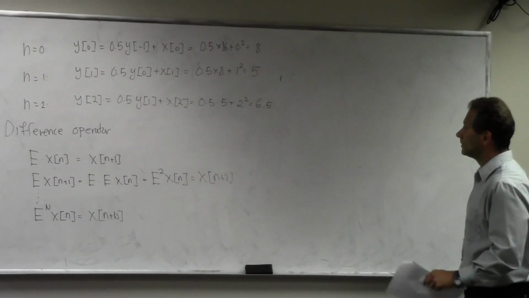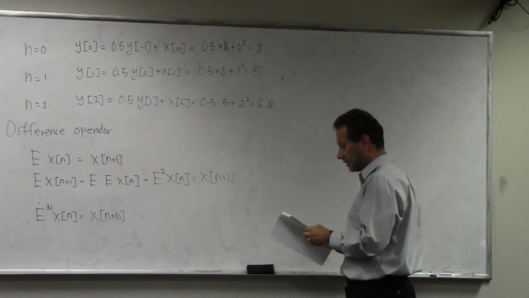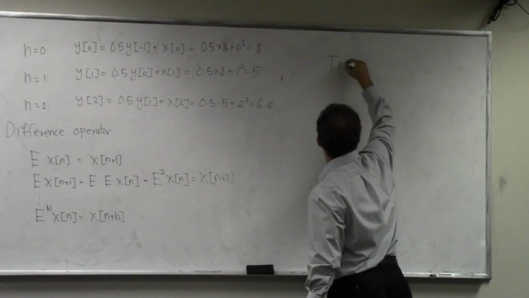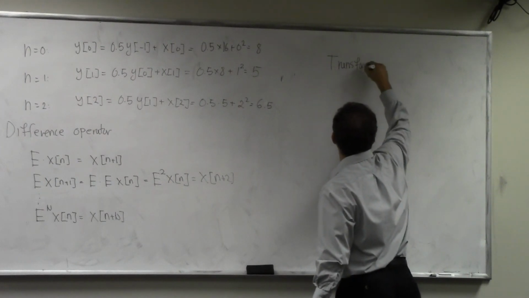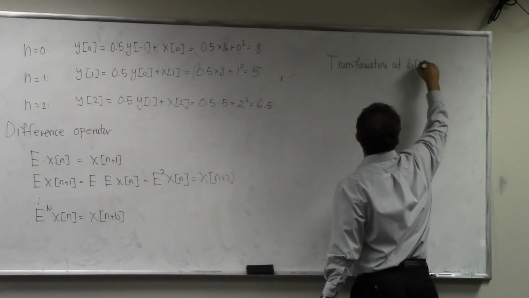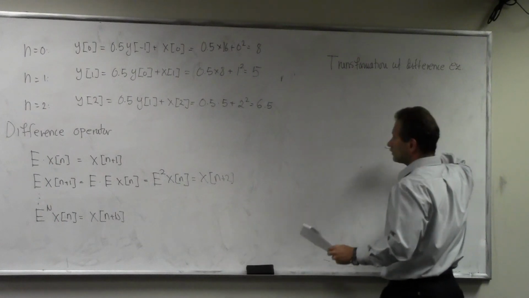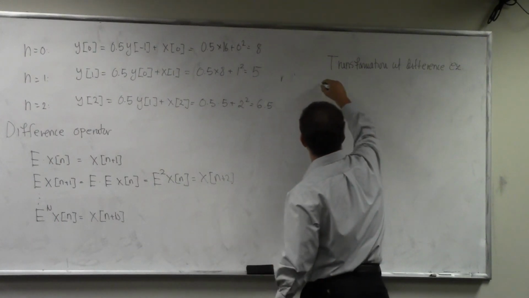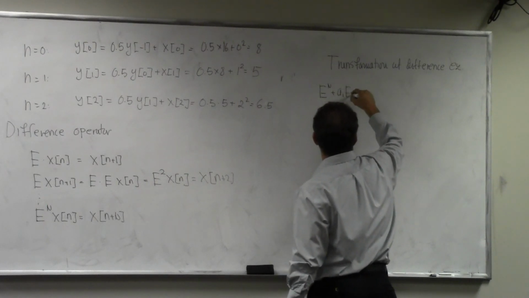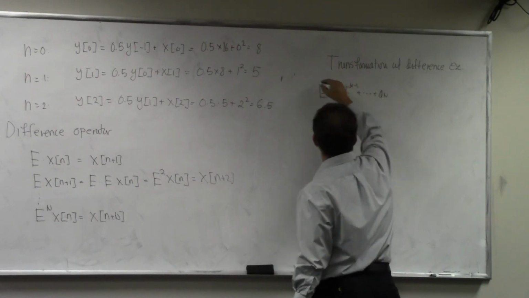So now having this defined, we can take another look at our difference equation and transform it. We can see that the difference equation is E to the N plus a1 E to the N minus 1, plus and so on, aN.